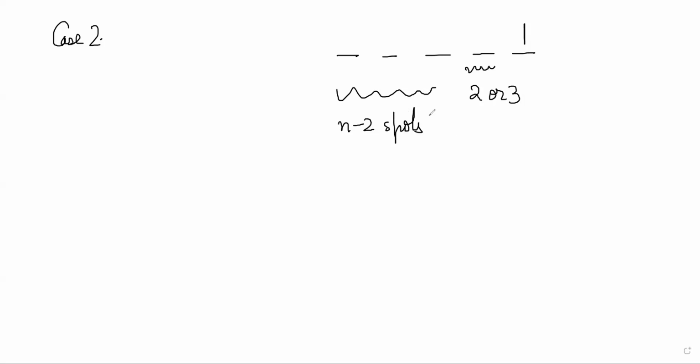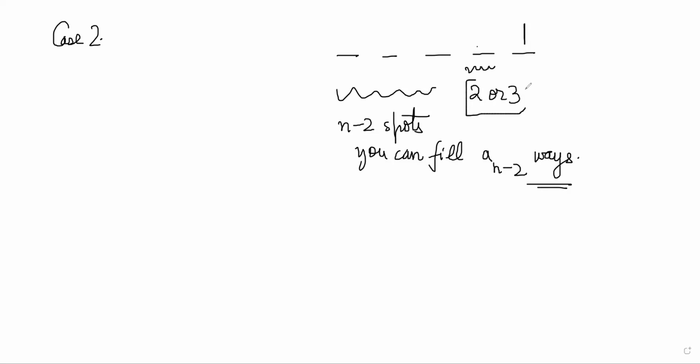And in case 2, if you fill the rightmost digit with 1, then obviously the digit next to it cannot be 1. It has to be 2 or 3, right? And after that, the remaining n minus 2 spots, you can fill in An minus 2 ways, right? So again, there is a choice for the second rightmost digit.